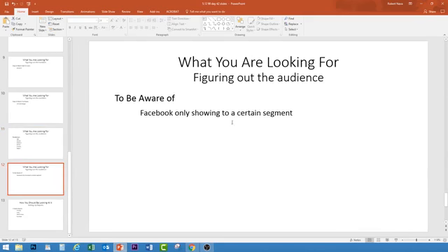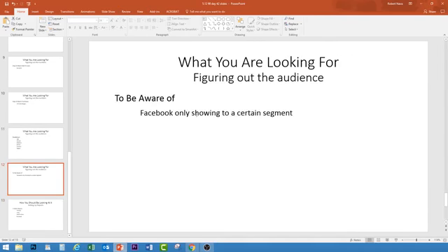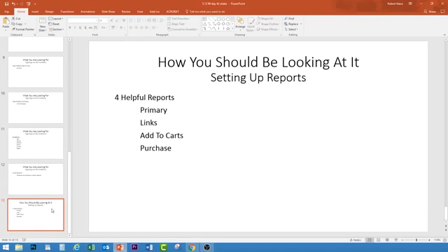What you're looking for is whether there are any places where Facebook may be showing your ads that may be skewing your metrics, or any places where you should be focusing your ads to improve your results. I don't want to call it a glitch, but it's a side effect of letting Facebook optimize: Facebook might only show certain segments.